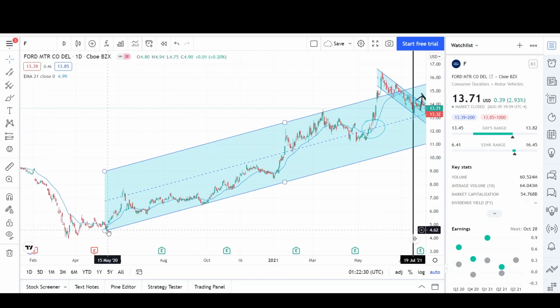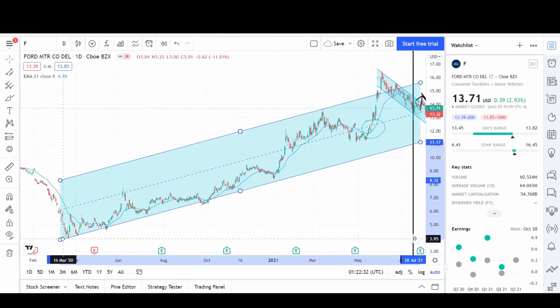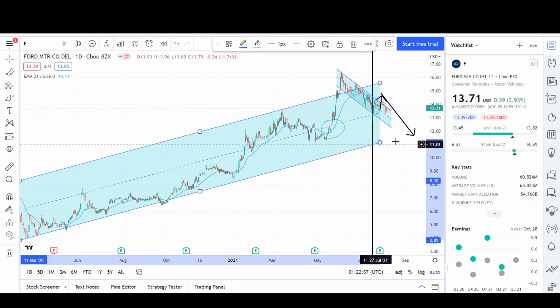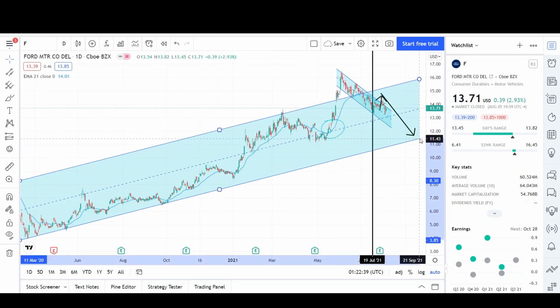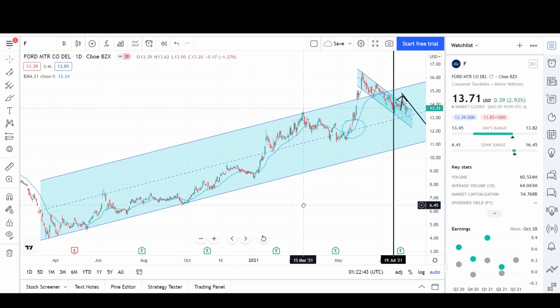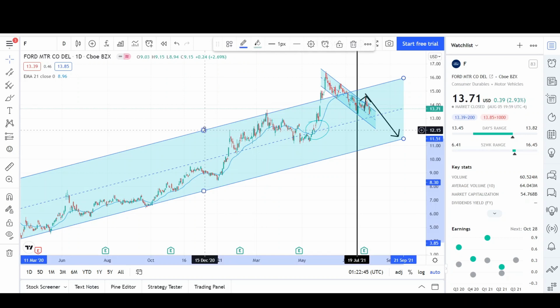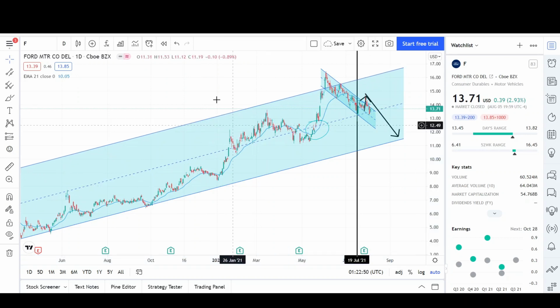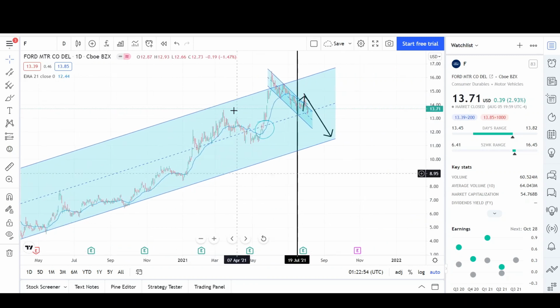I mean, it's respecting something like this. As you can see here, we get a lot of touches on the lower side of the channel, and then I'm going to drag it up just a little bit. So it looks like that could be the channel that price is in and respecting.